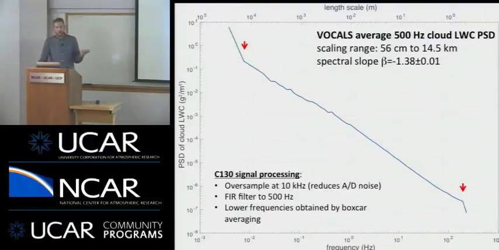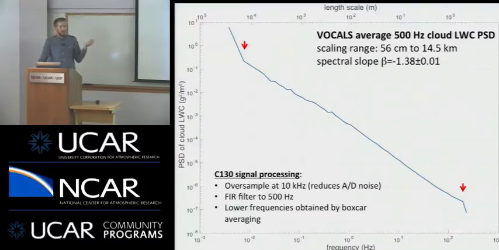Signal processing is essentially what it comes down to. On the C-130, we oversample the instrument at 10 kilohertz. Basically, what this allows us to do is reduce analog to digital noise. And this first step, this is the key. This is what most other people or most other aircraft facilities aren't doing.